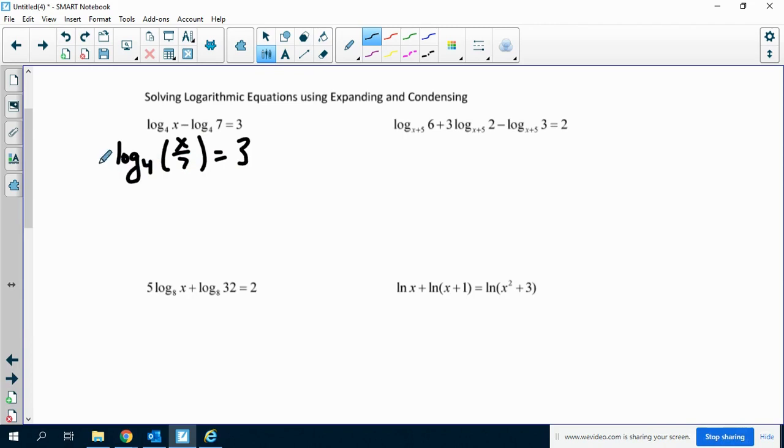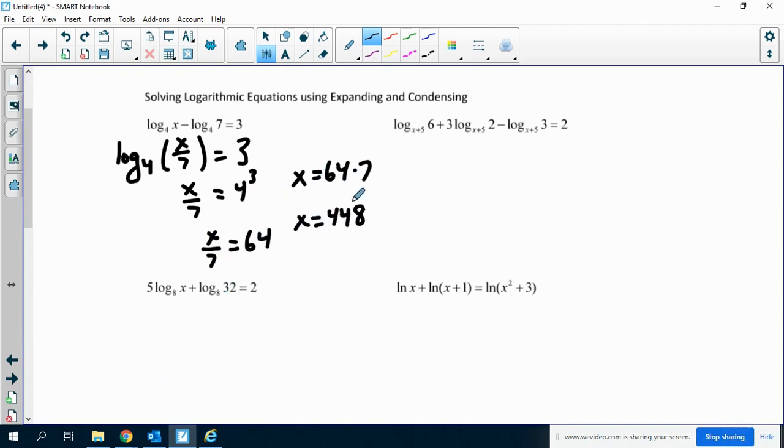So log base 4 of x over 7 equals 3. Using the properties of logs, that means 4 to the third is equal to x over 7. So x over 7 equals 64. And then x equals 64 times 7, which is 448.